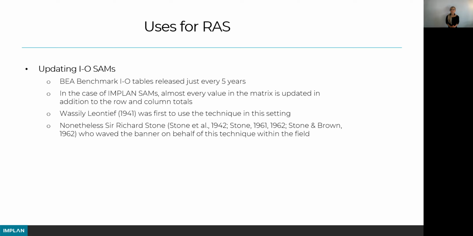Such models are based on the BEA benchmark IO tables, but those are released just every 5 years. So we use that base benchmark matrix for 5 years before we get a new one, but we update a bunch of values within that matrix and the control values on the outside of that matrix. And so we update a bunch of numbers in there, and then we have to rebalance everything to make sure that they balance.